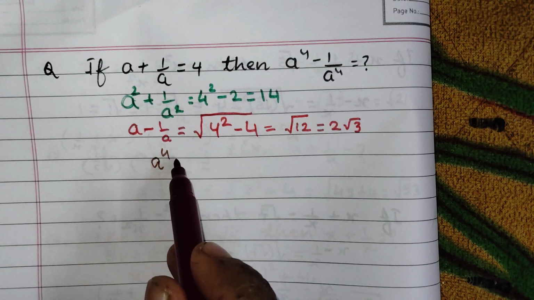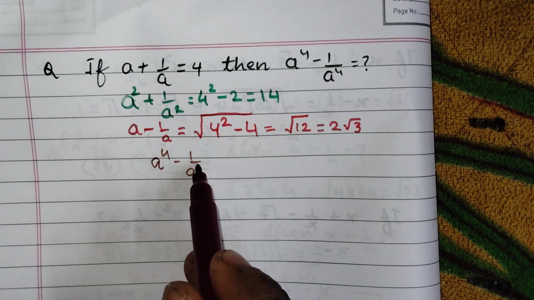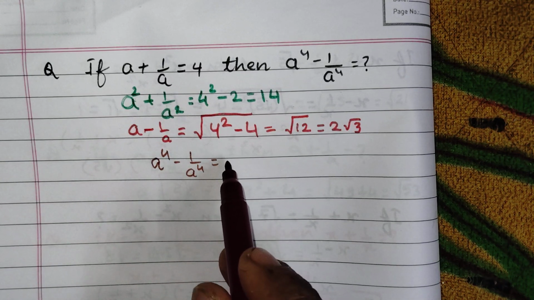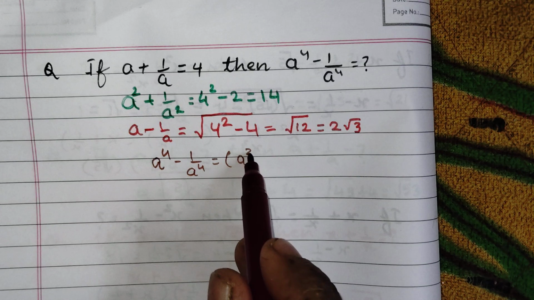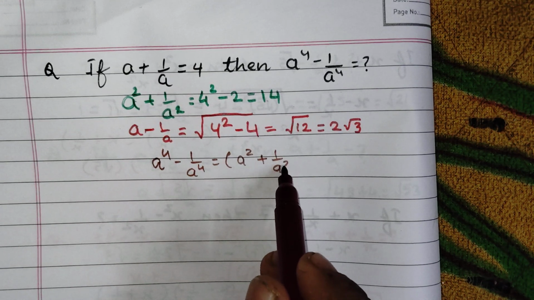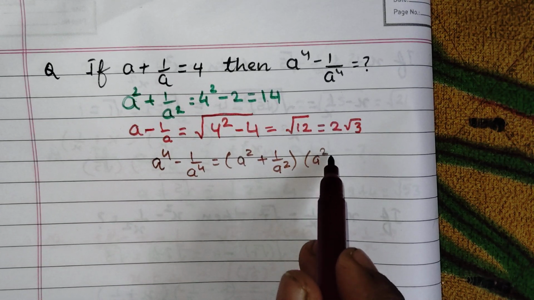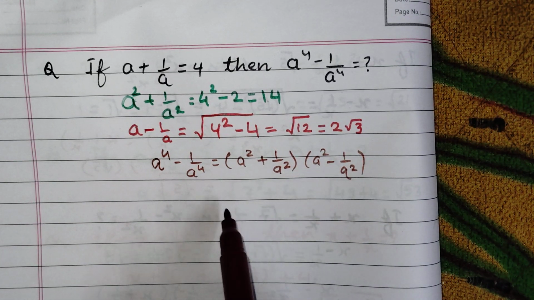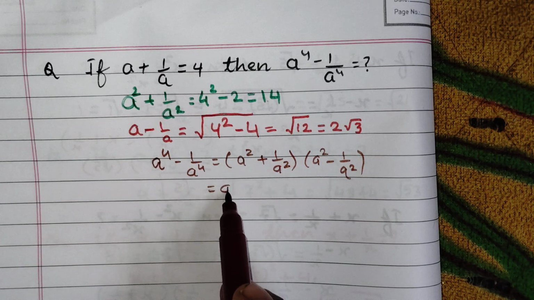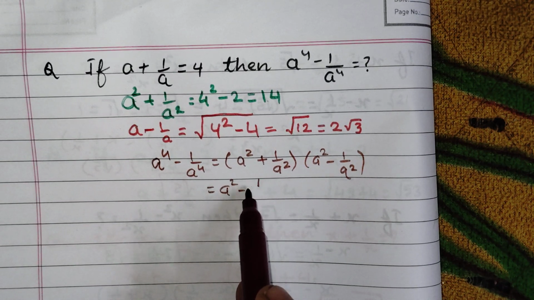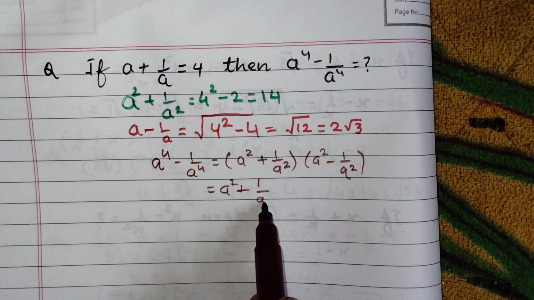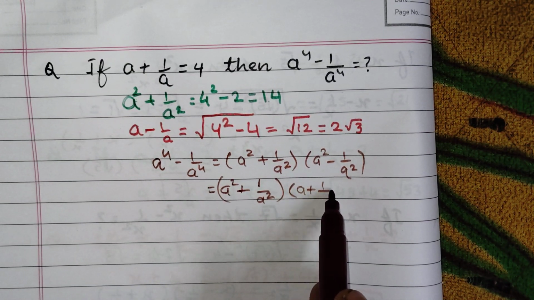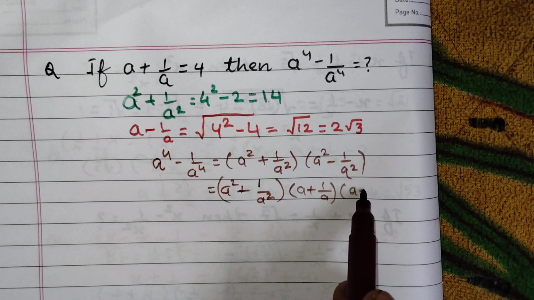Now we are finding the value of a raised to power 4 minus 1 upon a raised to power 4. Its identity we write down. First we write a square minus 1 upon a square, whole square. It gives us a square plus 1 upon a square times a square minus 1 upon a square. Now, using the identity again, a square minus 1 upon a square further gives us a plus 1 upon a times a minus 1 upon a.